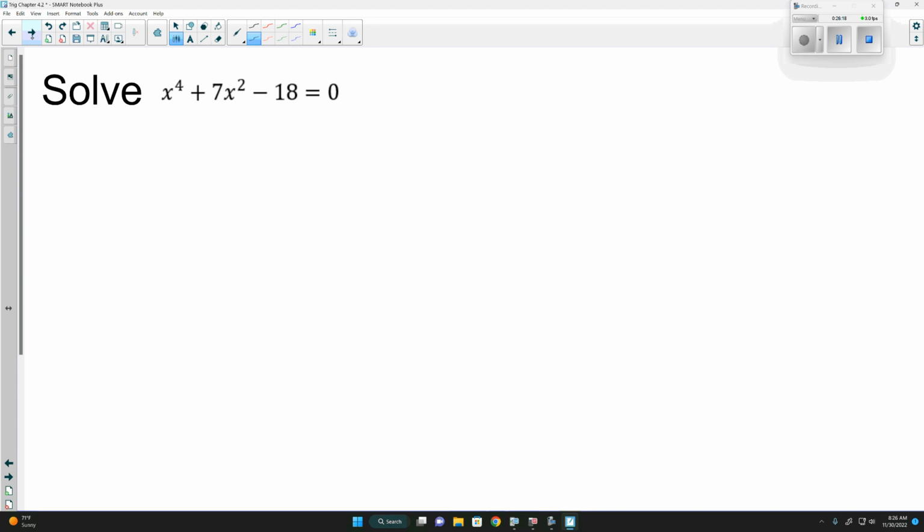Now, in years past, I don't think anybody's actually asked here. During my student teaching, I did have a student ask about using u substitution and the quadratic formula. Can we use those together? Yes and no. It gets everything a little funky. Because we would get a solution for u, but then we also have the fact that it's actually the same as x squared.